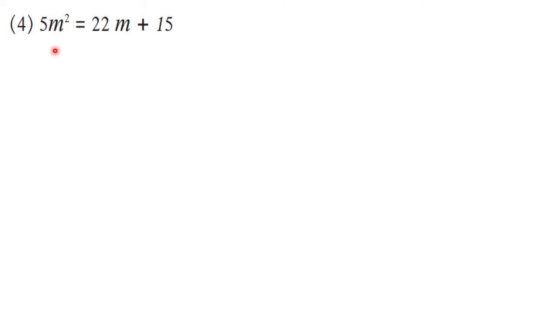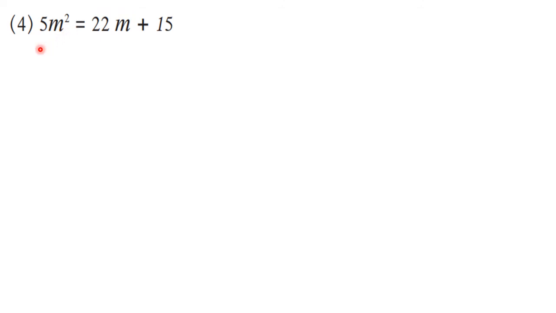Question number 4: 5m square is equal to 22m plus 15. Observe this equation. This equation is not in standard form. So first of all, convert it to the standard form. The terms which are present on the right hand side, you need to shift to the left hand side.